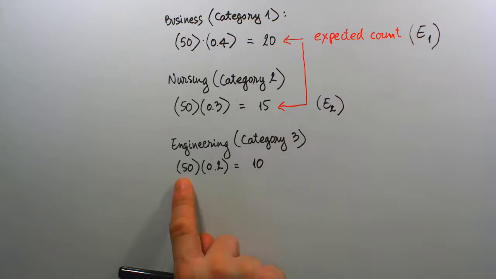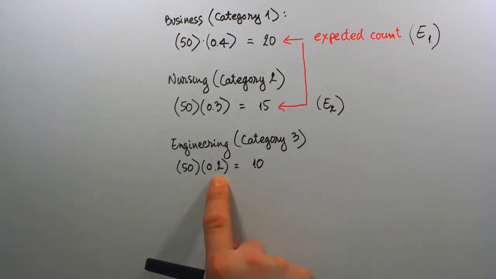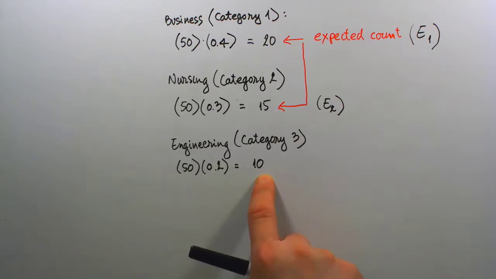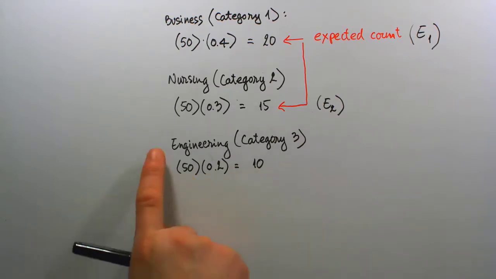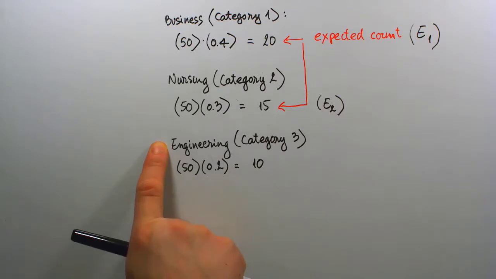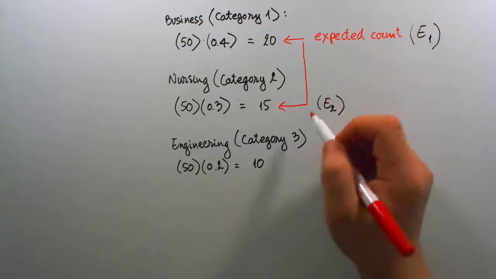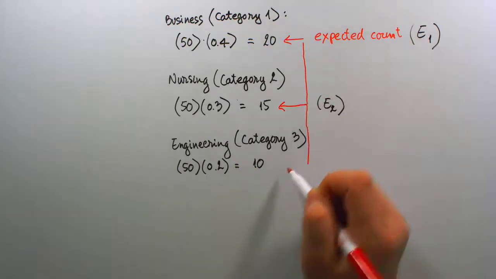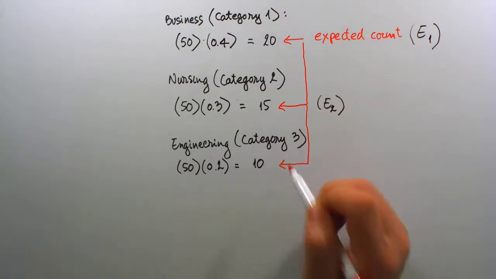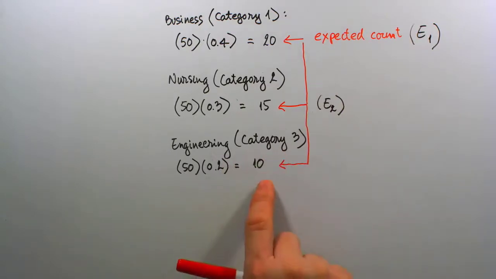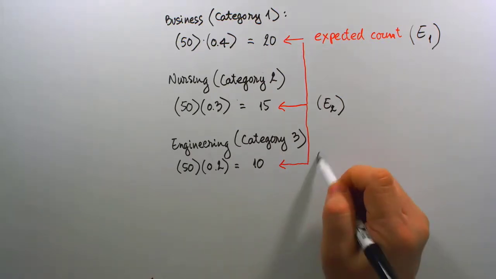I expect that among the 50 students in our sample, if 0.2 was correct, then there should be 10 students in the sample who are in an engineering major. Again, this count is referred to as the expected count for category 3, and symbolically, we can call that E3.